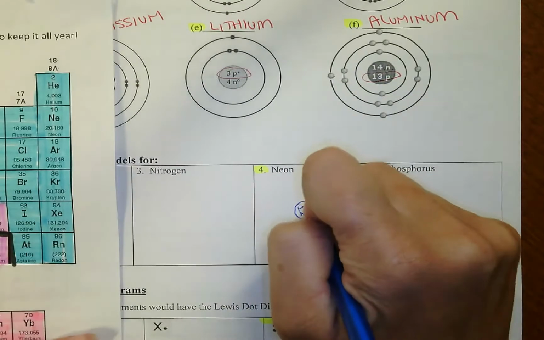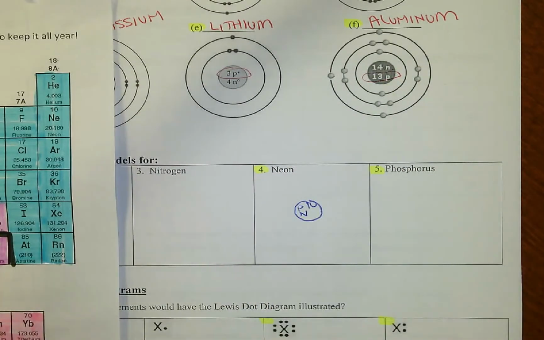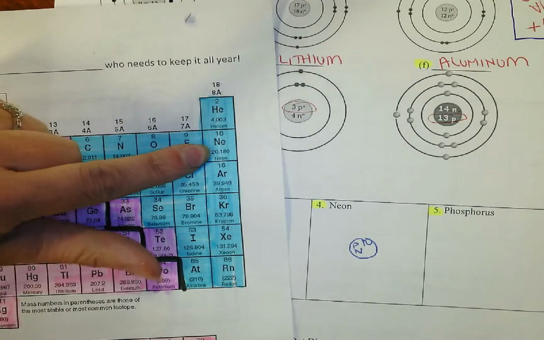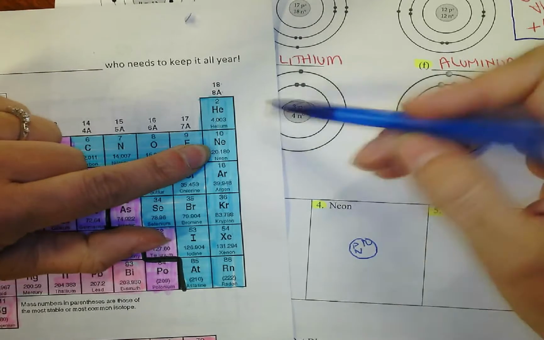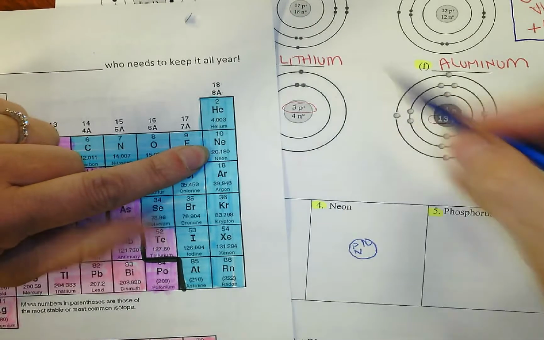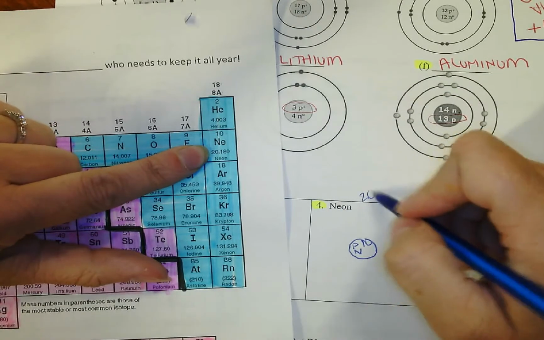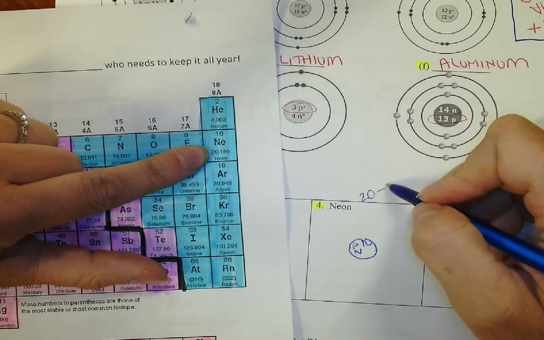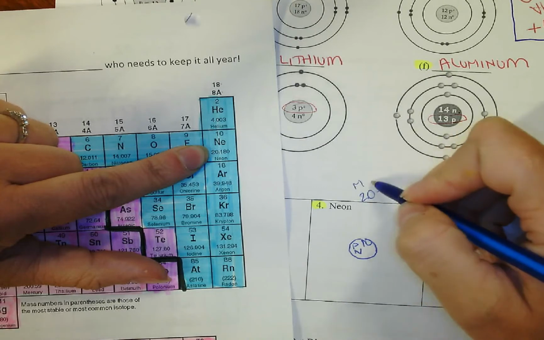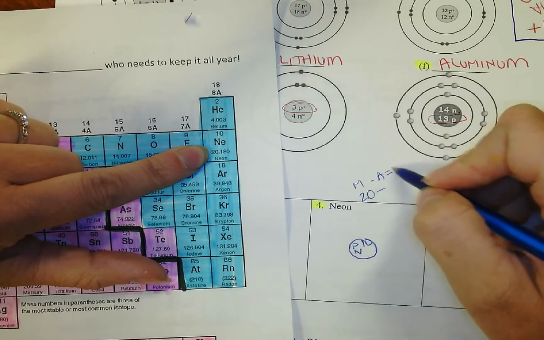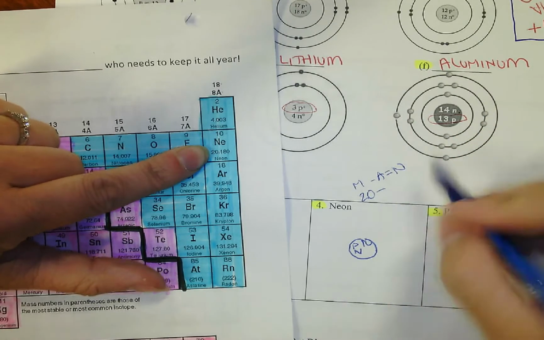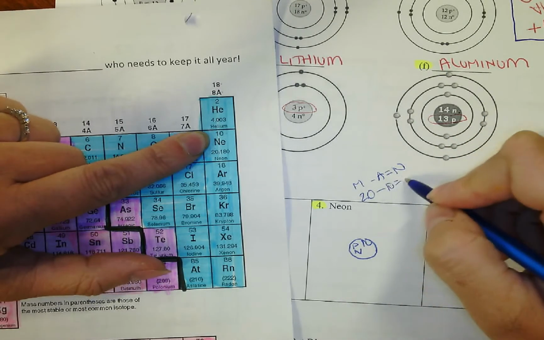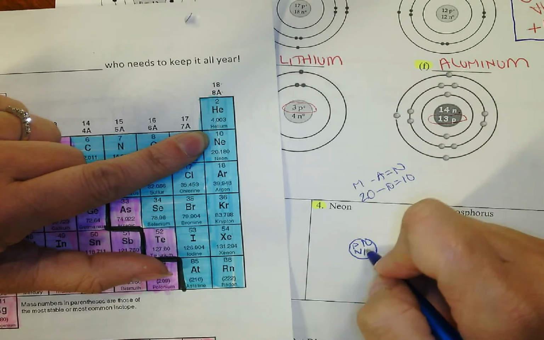So I'm going to write 10 for protons, and then you need to calculate the neutrons. Mass minus atomic equals neutrons. A mass of 20.18 is basically 20. I said that backwards: my mass minus my atomic 10 equals my neutrons, which is also 10.